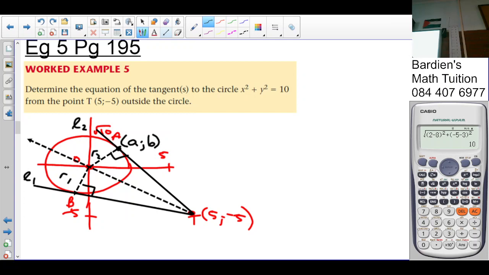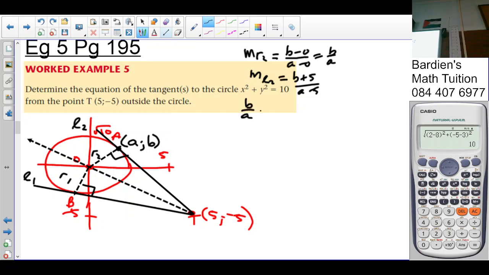So we're going to work out the gradient of R2. The gradient of R2 is going to be change in y over change in x, which is B minus 0 over A minus 0, which is B over A. Let me work out the gradient of line 2. The gradient of line 2 is going to be B minus minus 5, which is plus 5, over A minus 5. Okay? So the gradient of R2 times the gradient of line 2 is equal to negative 1.